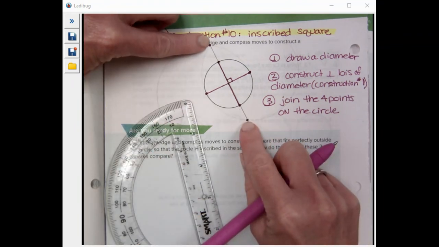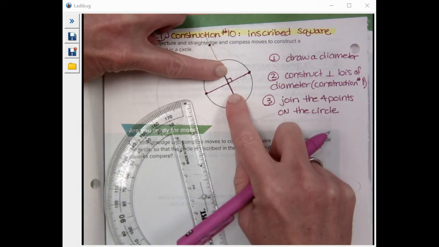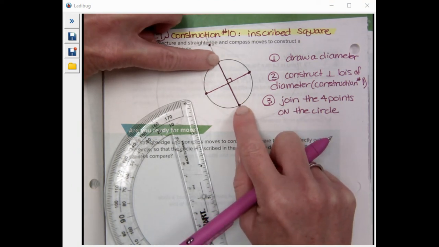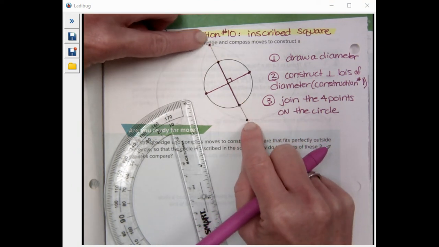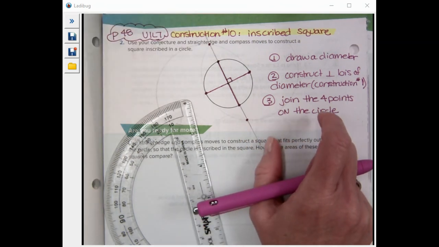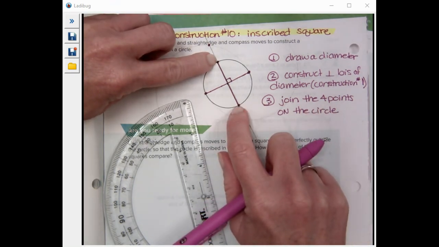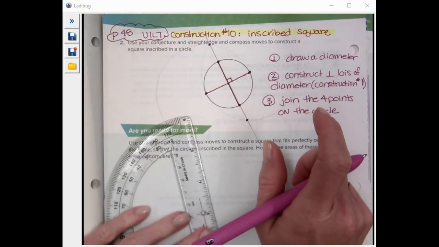Ignore this point and this point. For some of you, depending on how you set your compass, it's inside the circle. Some of you, it might be really close to being on the circle. Others of you, it's out here. Where your intersection points are doesn't matter. But the points that you're interested in are the ones on the circle that you get when you draw in that perpendicular bisector.